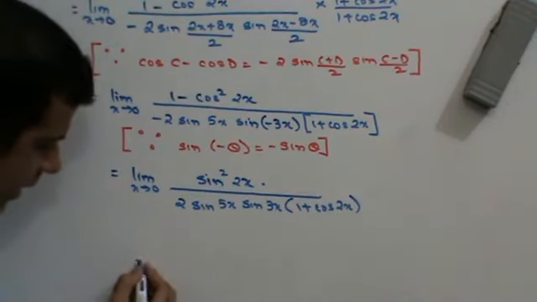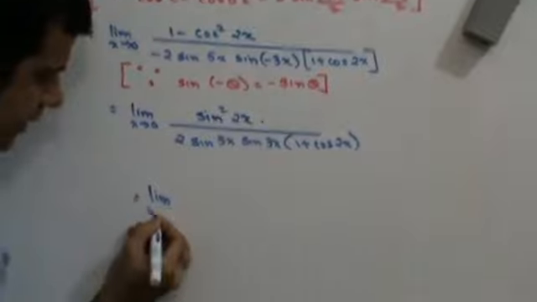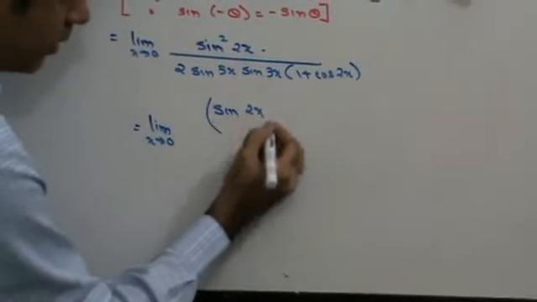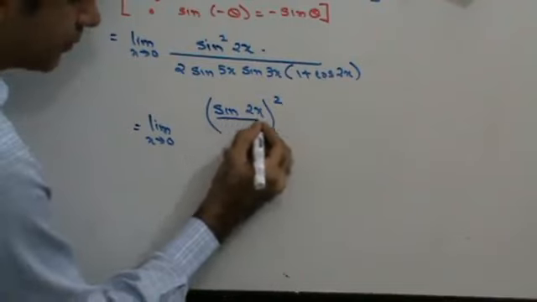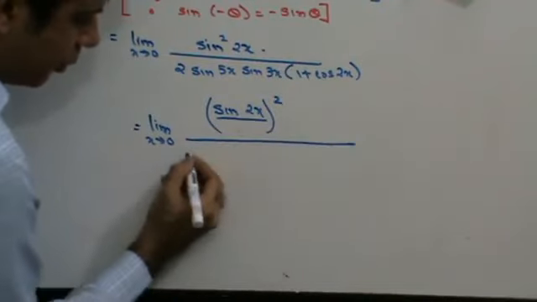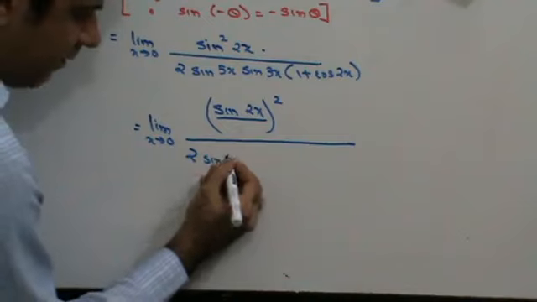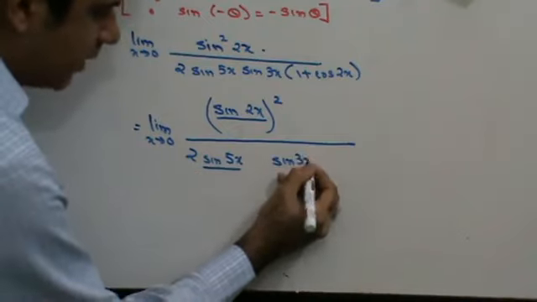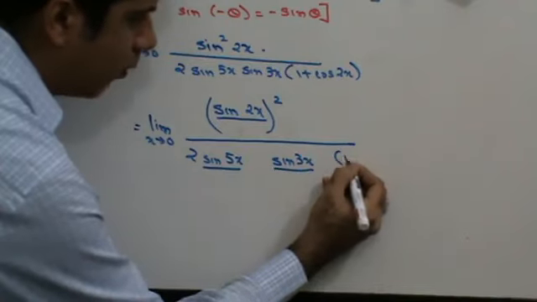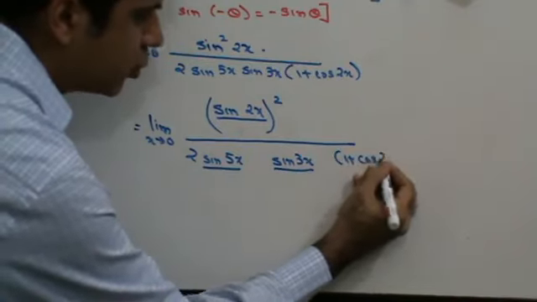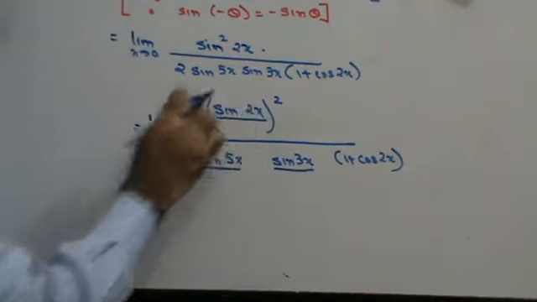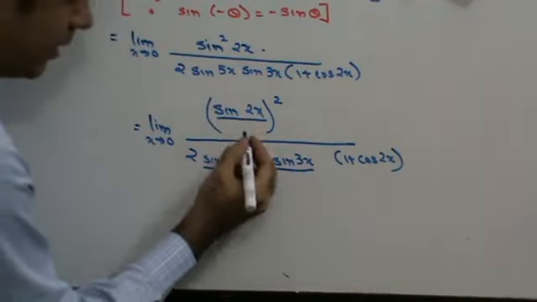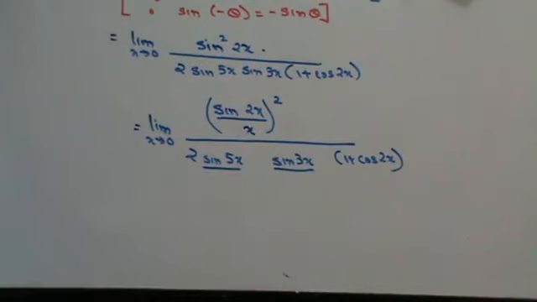Now this can be written as limit of x tends to 0, (sine 2x) the whole square upon 2 sine 5x sine 3x (1 plus cos 2x). Since there is an x here, whatever is the angle in the numerator, same number in the denominator. That means I am going to divide by x.